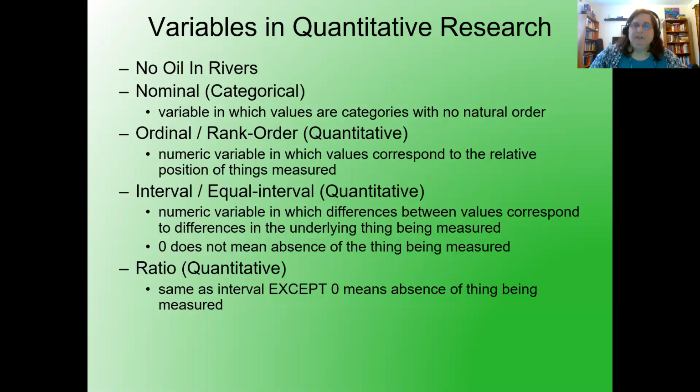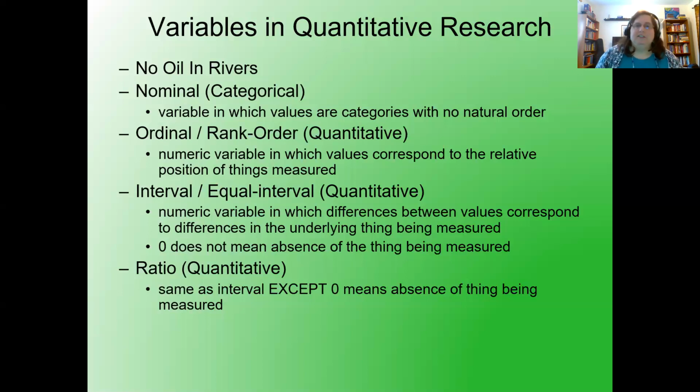All right, so now that leaves ratio, which is exactly the same as interval, except now 0 means the absence of the thing being measured. Things like weight, height, reaction time, length, and even for those of you physicists out there, temperature on a Kelvin scale, because the Kelvin scale actually has an absolute 0, where 0 is theoretically the absence of all temperature.